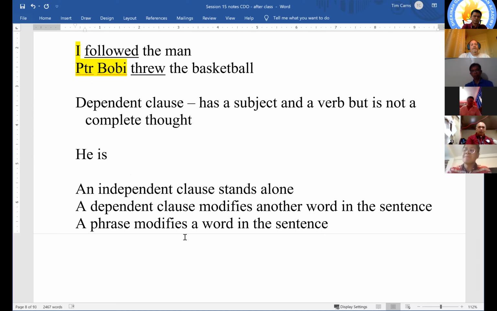So, what we have then is, for a sentence, you're going to have an independent clause. That's the main subject and verb, the action and the one doing the action.